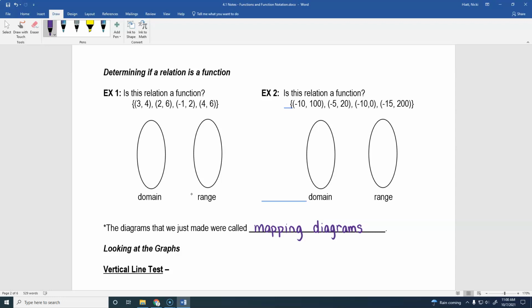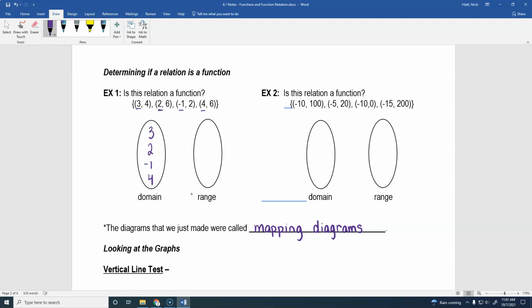Okay, so if we're given a list of ordered pairs like we're given here. So I've got (3, 4), (2, 6), (-1, 2), and (4, 6). So I would list my domain in the first oval that I have here. So domain is x values: 3, 2, -1, and 4.